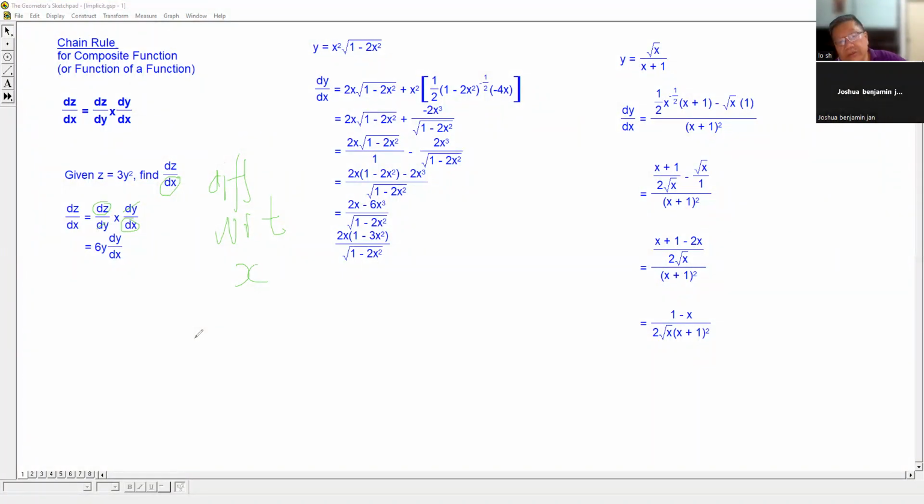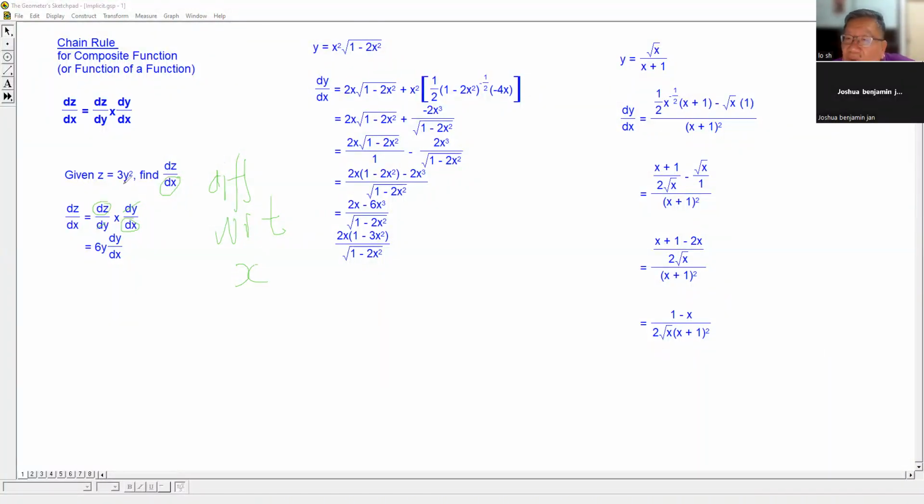Okay, right. So this is how I'm going to create the chain rule. The first part is dz over dy. What is the meaning? It means differentiate z with respect to y. So this is z, I differentiate with respect to y.